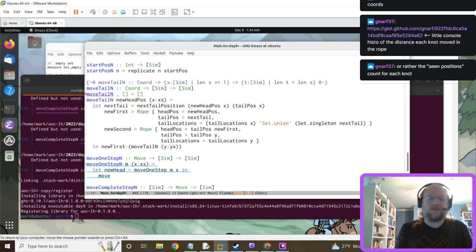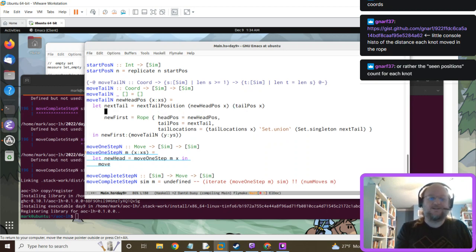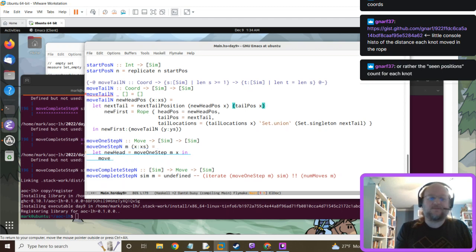All right, so we're going to pass in what overwrites the head position, calculate the tail, update the tail. We better save our, and then move the next one to our tail position.